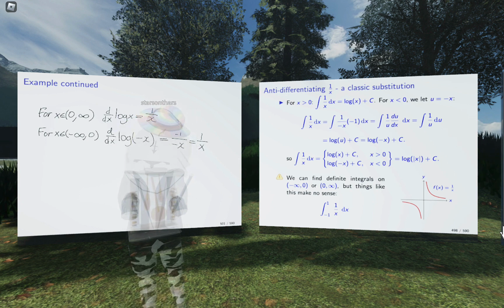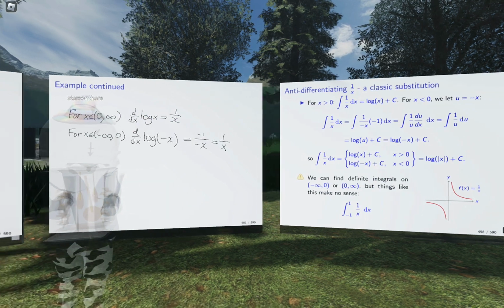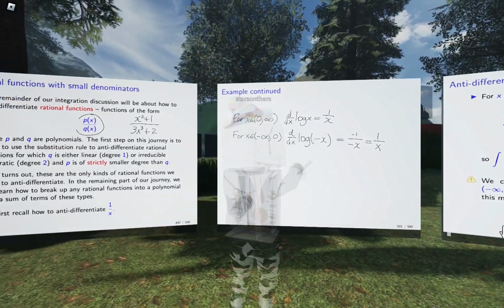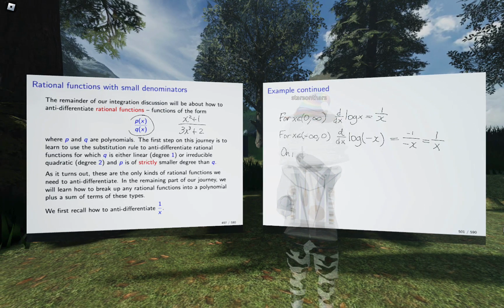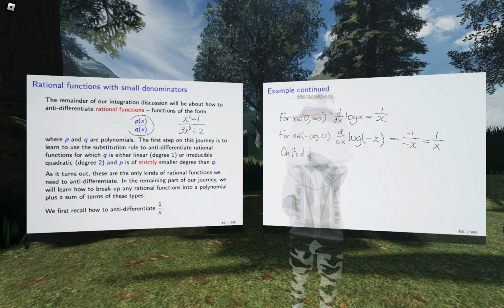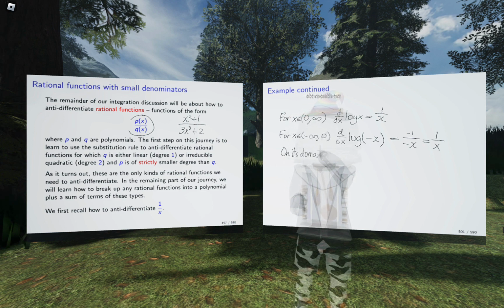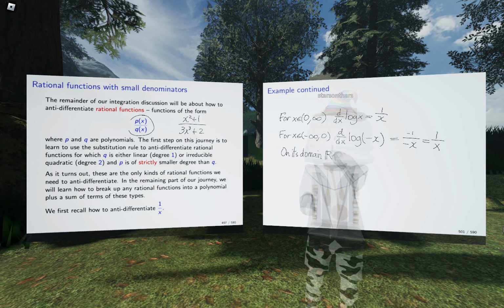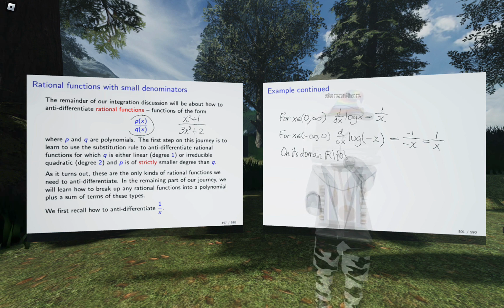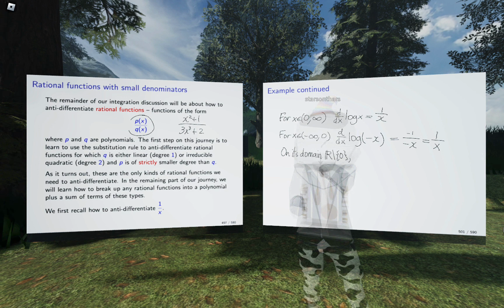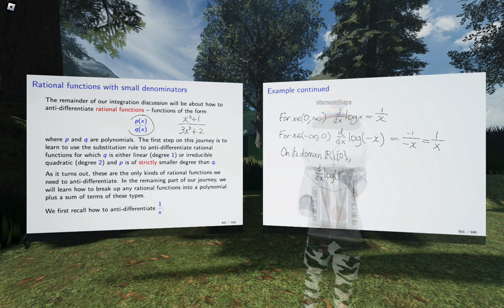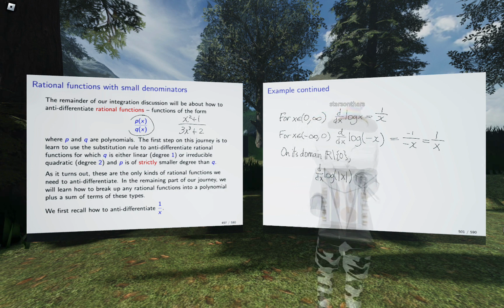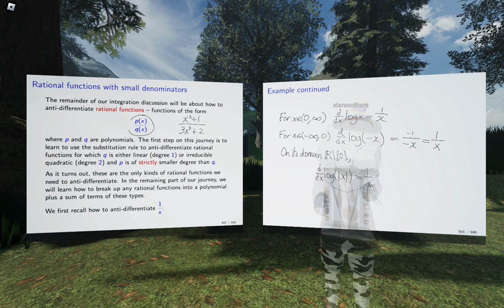Okay. So what does that tell us? Well, it tells us that wherever 1 over x is defined, so on its domain, which is R with 0 removed, d dx of logarithm of the absolute value of x is equal to 1 over x.